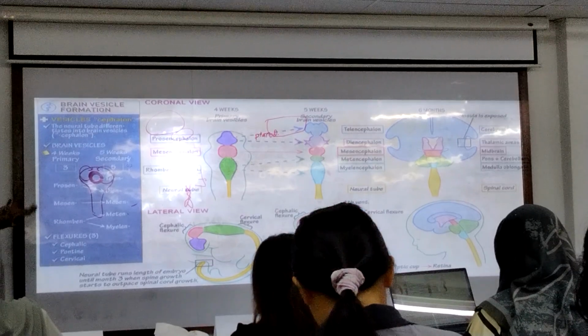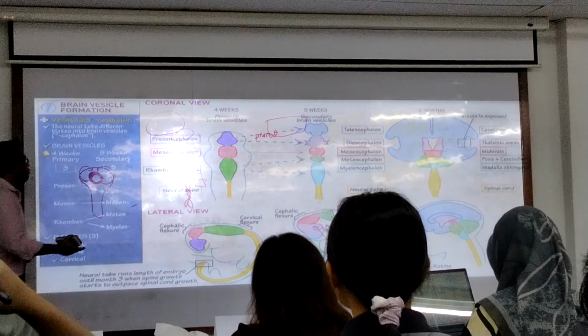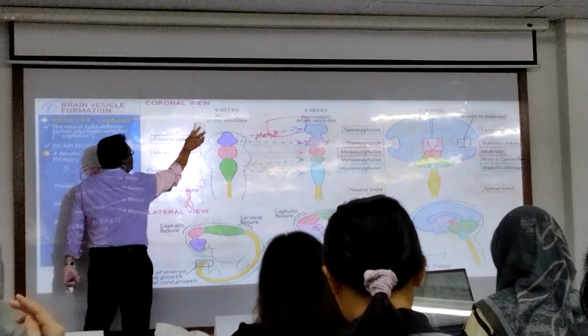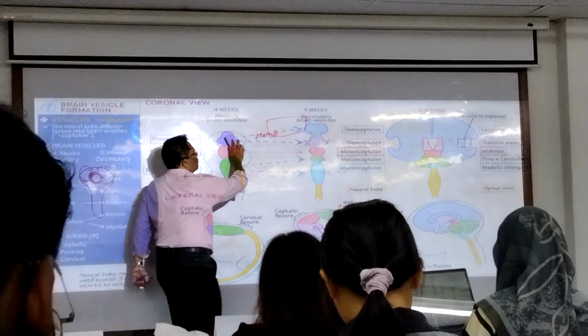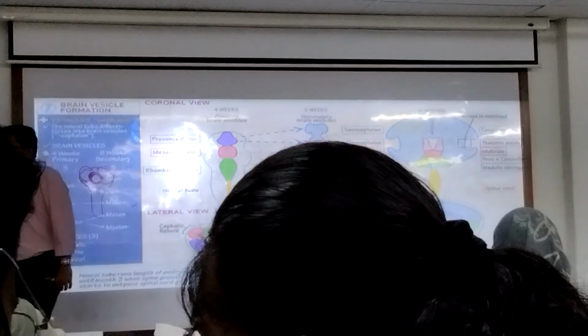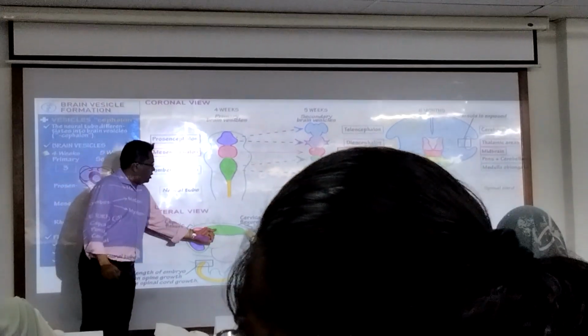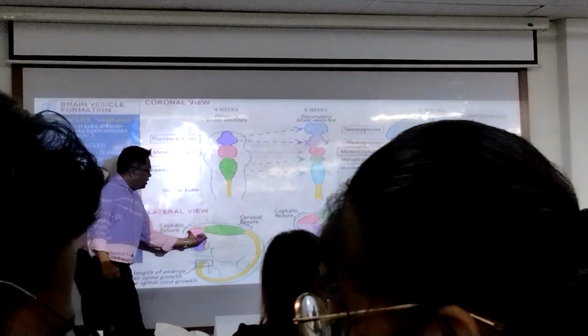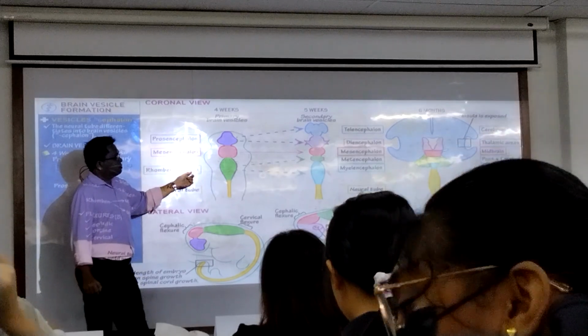So this is what happens. By week 4, basically you have what we call the primary brain vesicles. So you have the formations of the structures. You get here 1, 2, 3, and then this structure later on becomes the cerebellum.